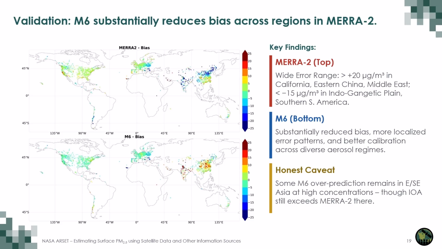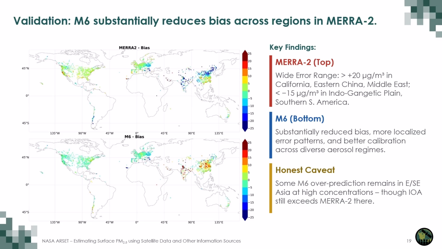Here we compare regional PM2.5 biases in the raw MERRA-2 product with CNN corrected data. As we have seen earlier, in the top panel MERRA-2 exhibits large regionally consistent errors: overestimation by more than 20 micrograms per cubic meter in places like California, China, and the Middle East, and underestimation by more than 15 micrograms per cubic meter over the Indo-Gangetic Plain and parts of South America.